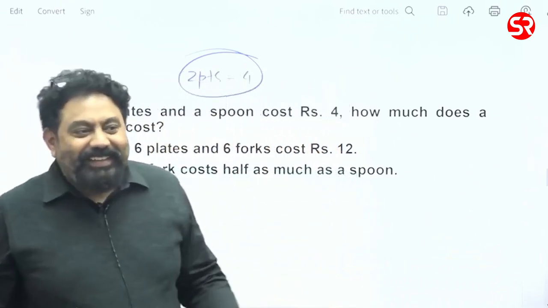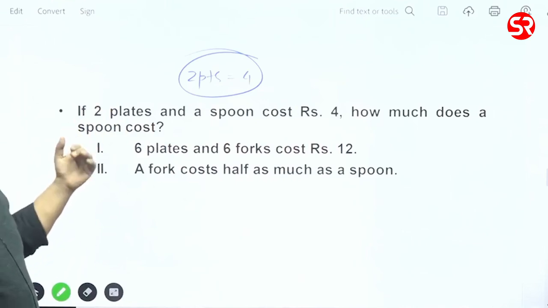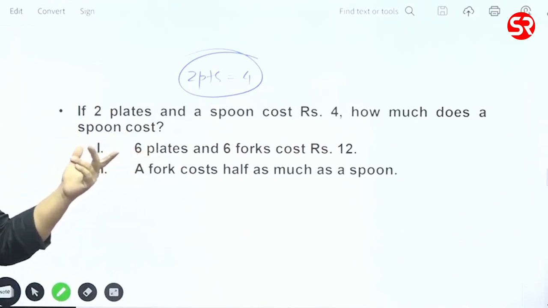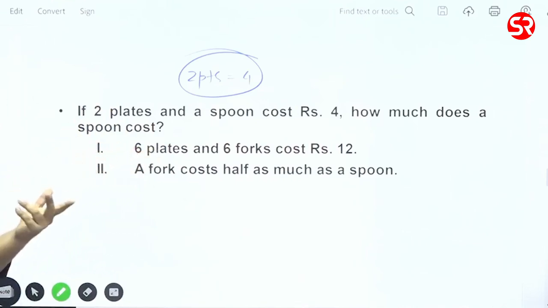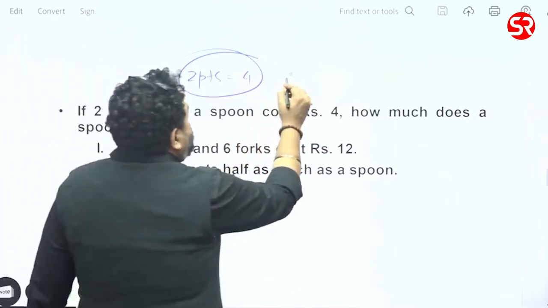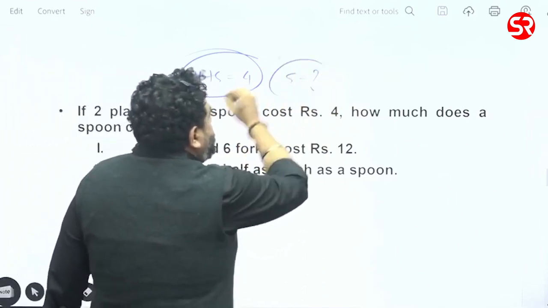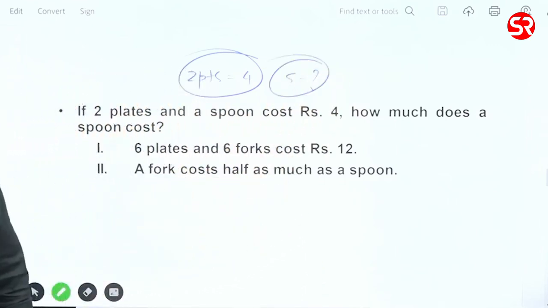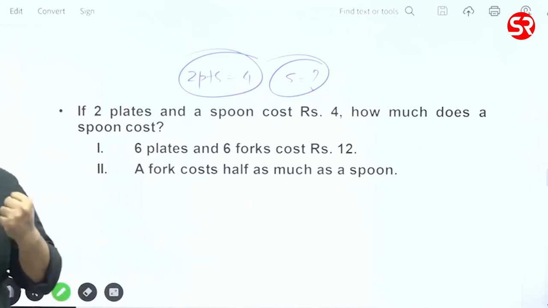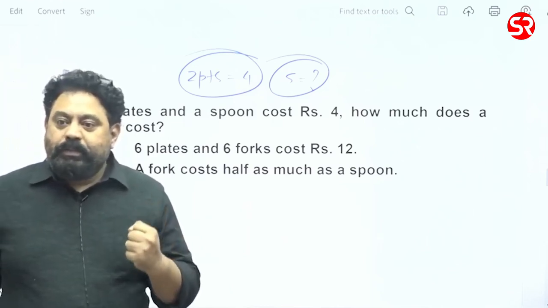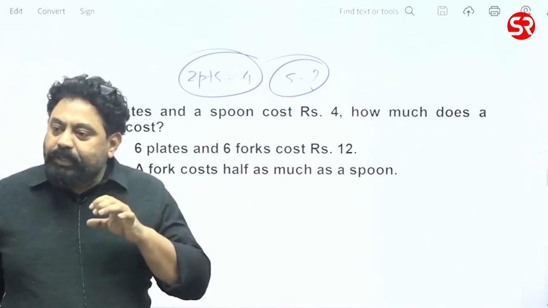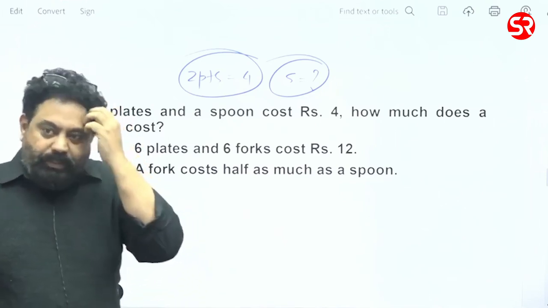Isn't it? Right? So see, 2 plates plus spoon is equal to 4. Right? He says, how much does a spoon cost? So question kya hai? Question is, what is the cost of spoon? That's really important. See, you need to understand what is the question. Always remember, Rishi sir pointed out, what is the question? Now let's see.